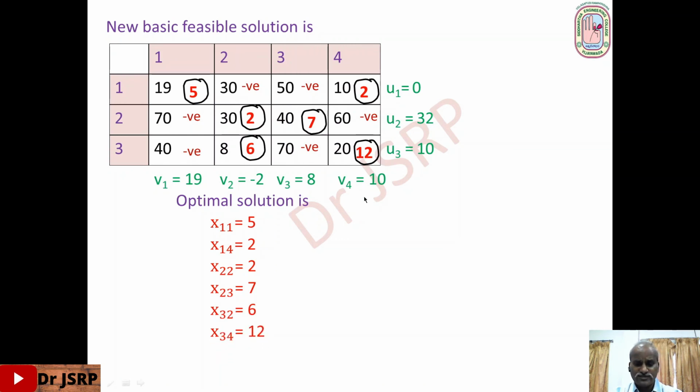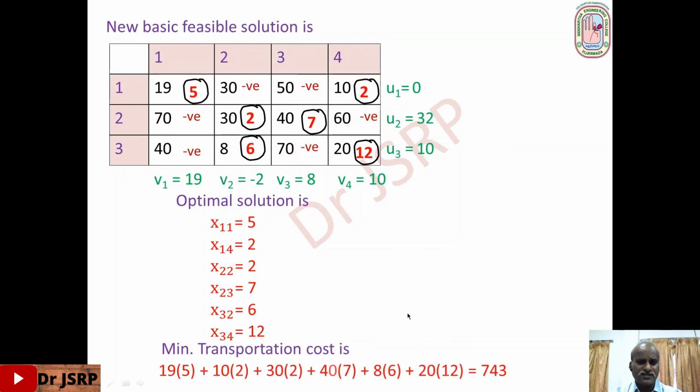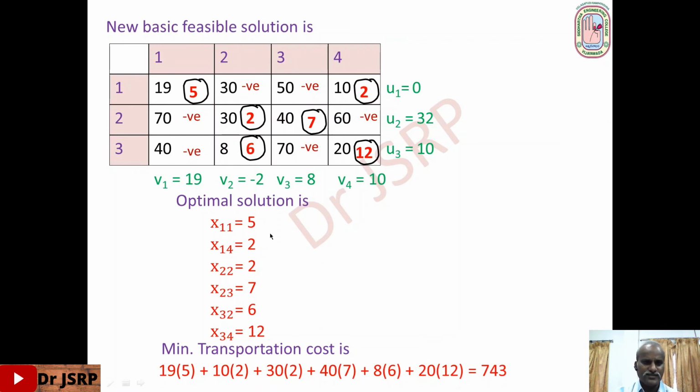So these are the solution. And the minimum transportation cost is found by multiplying with the corresponding unit costs. So 19 into 5 plus 10 into 2 plus 30 into 2 plus 40 into 7 plus 8 into 6 plus 20 into 12. This is 743. Okay. So this is the optimal solution.